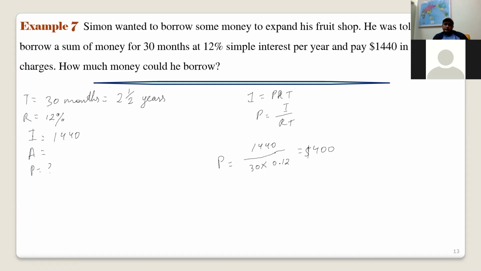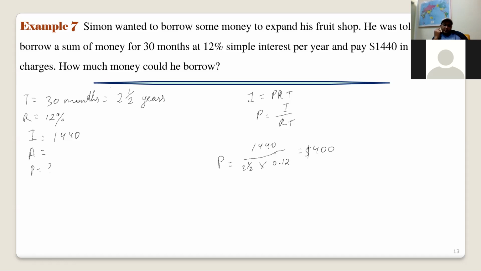$400? Yeah. Are you sure it's not possible? Because interest is 1,440. Oh, wait. Is it 0.12 or is it just 12?